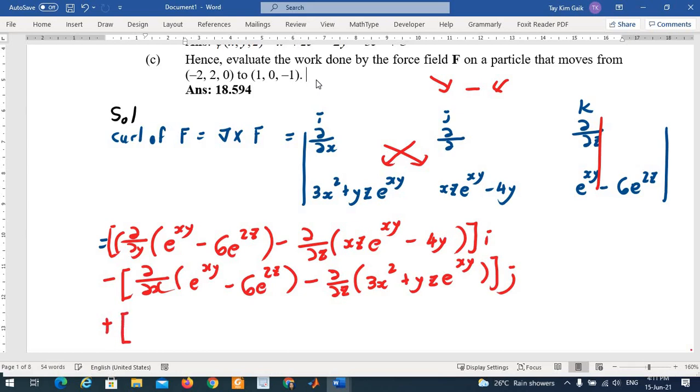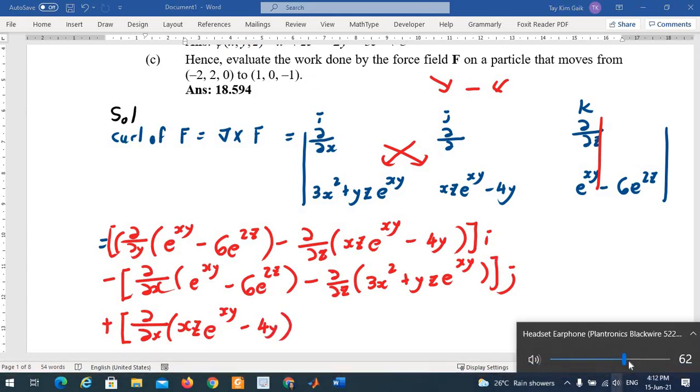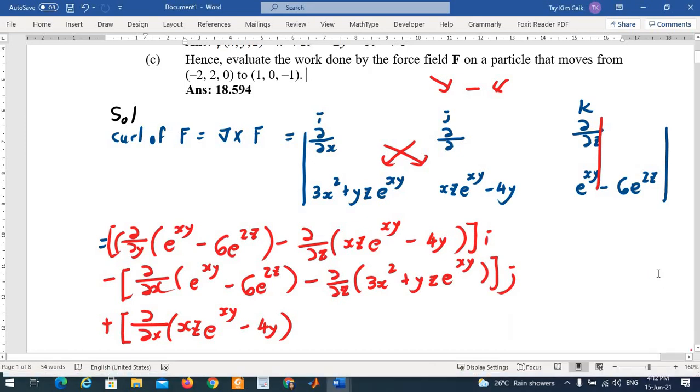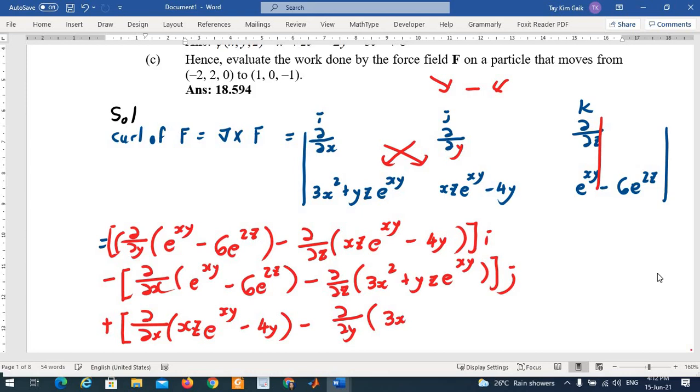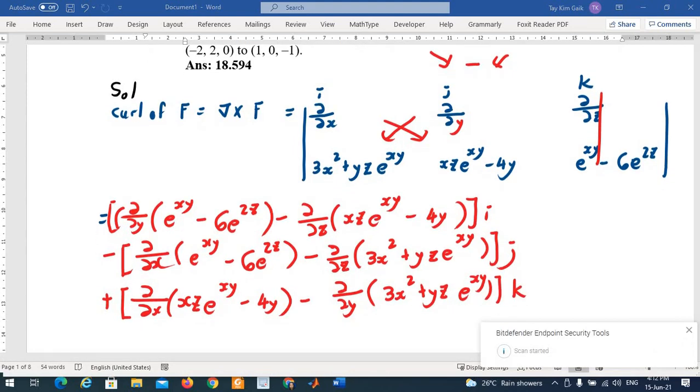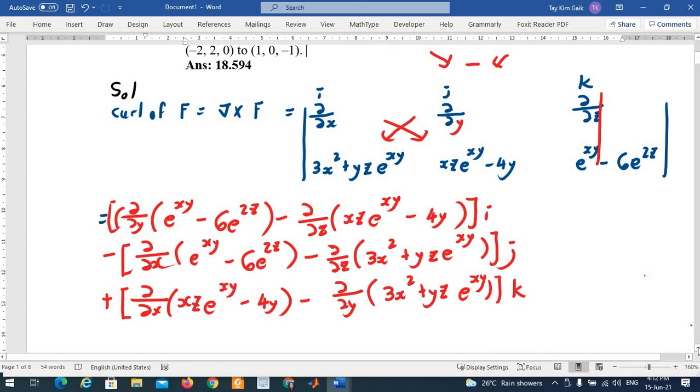So del x of z e^(xy) minus 4y, minus del y of 3x squared plus yz e^(xy). This is component k. You have to show that for each component, the answer is actually 0.